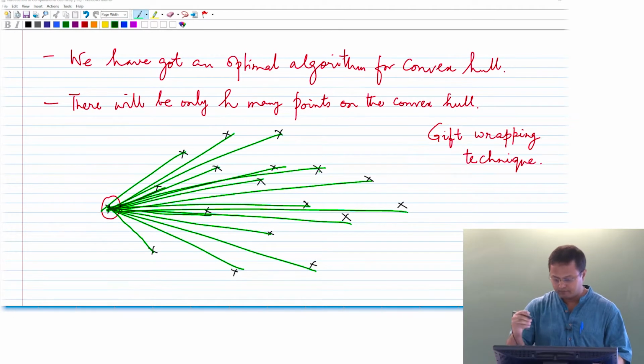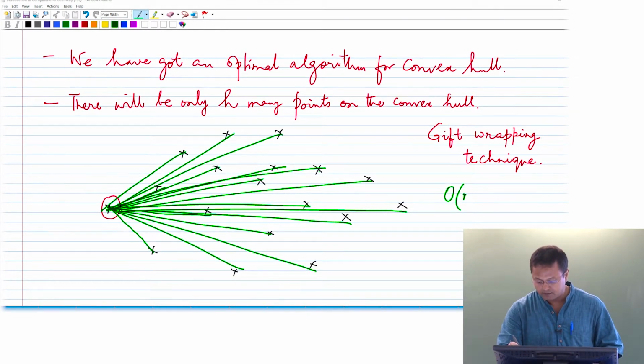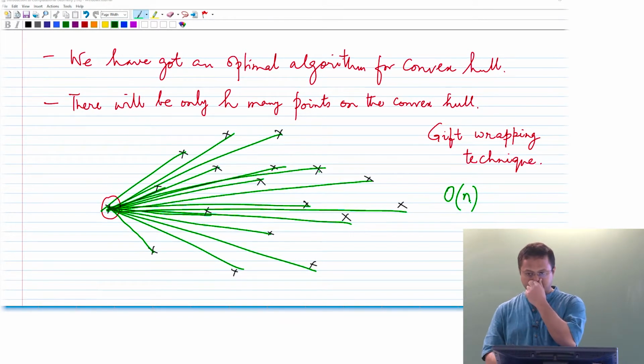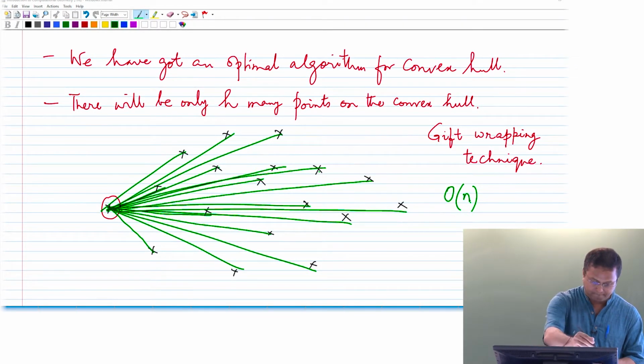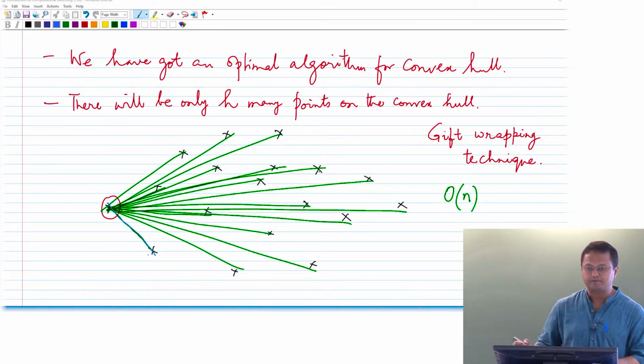How many such line segments? Order n. I look at their slopes and take the one which is the smallest. So it should be this.